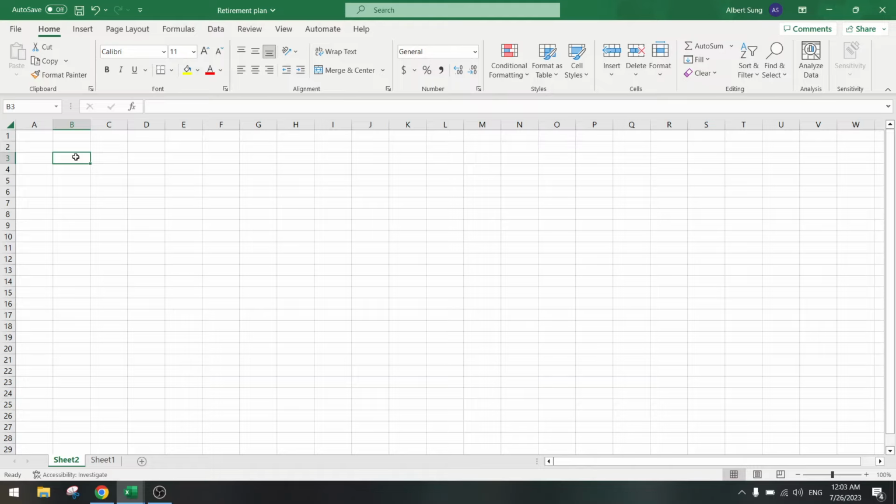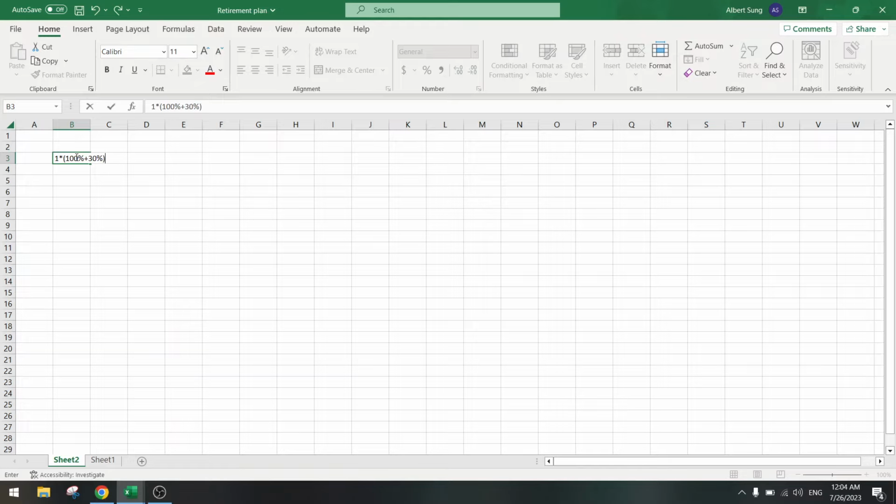So let's say you have $1, and you are going to compound that $1 with, let's say, 30% dividend per year. So that's 100% plus 30%.